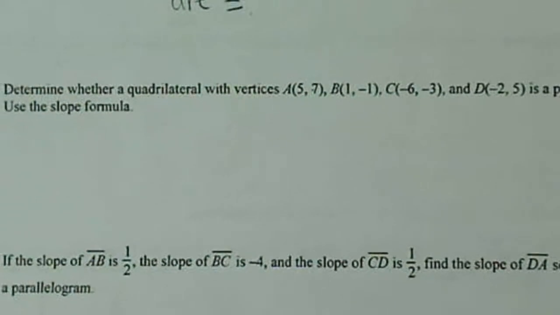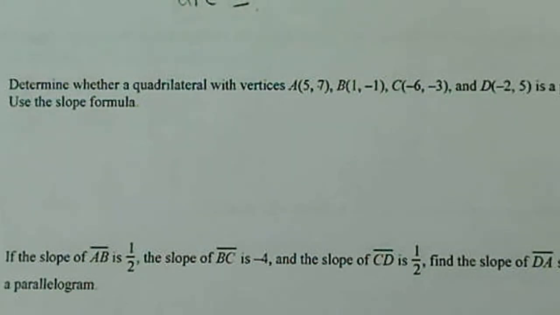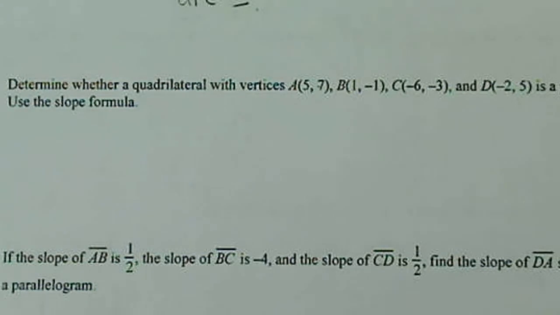Number 9. This is another one you could graph and then use slope formula from your graph, or you could just do the slope formula in the space provided. It's up to you.